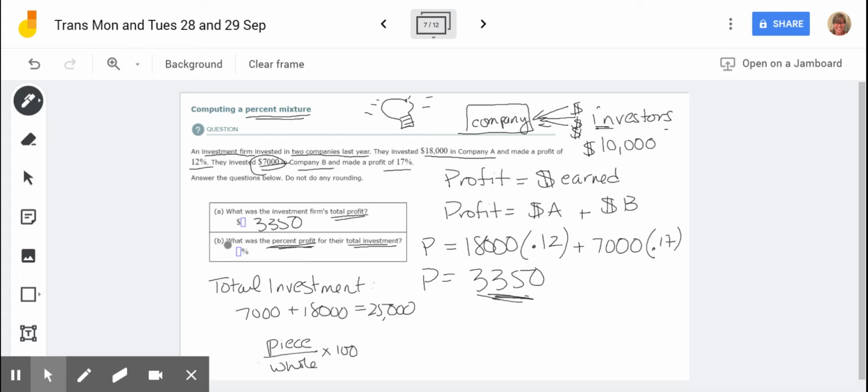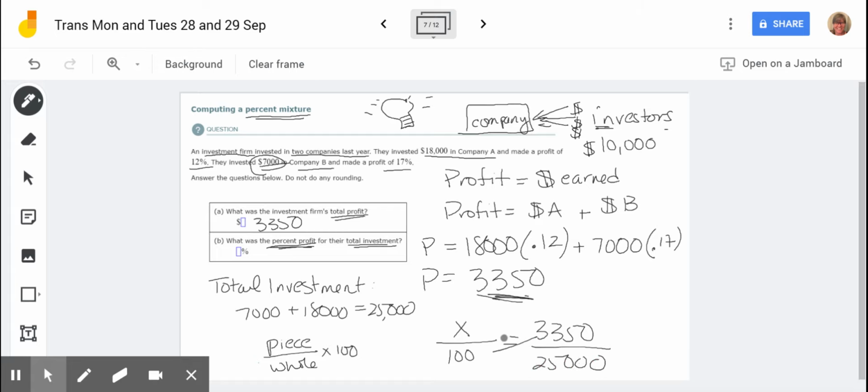So we're saying, what percent? Percent means per 100, per cent. Cent means 100. Percent means per 100. And we don't know what percent, so that's your X, is equal to 3350. That's the piece out of the whole, 25,000.